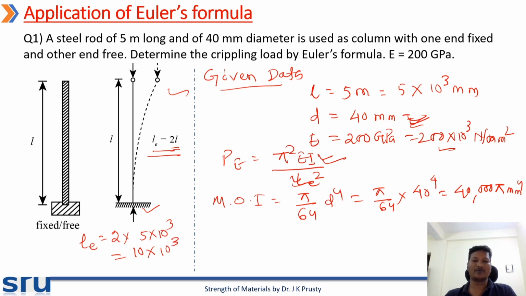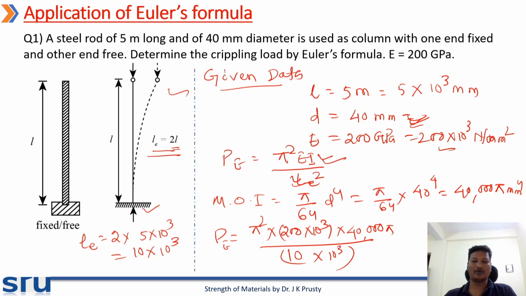So if you put these values in Euler's critical load formula, pi square into E, which is 200 into 10 to the power 3, into I, that is 40,000 pi, divided by 10 into 10 to the power 3 whole square.